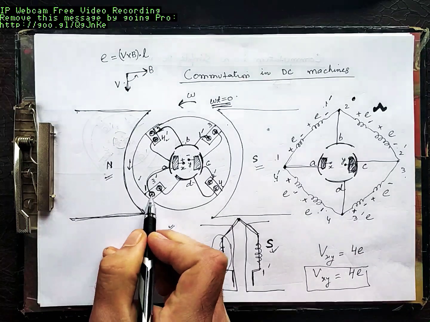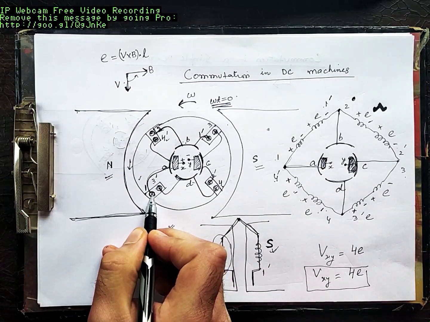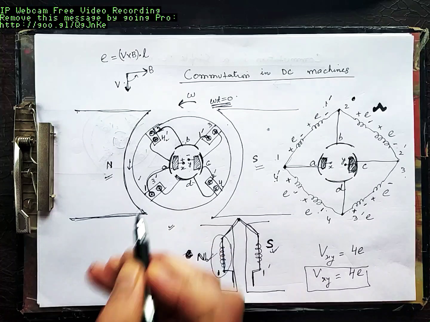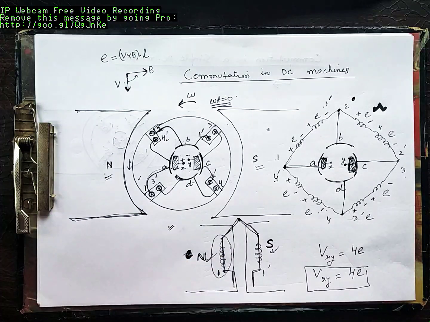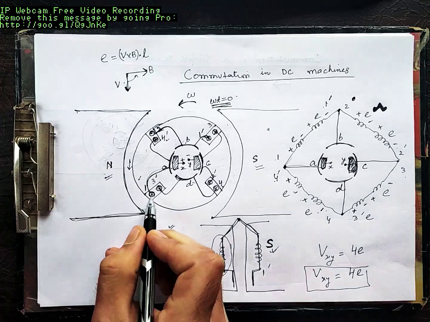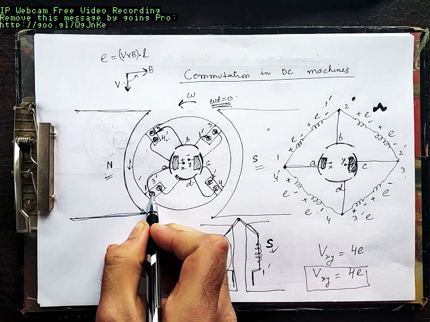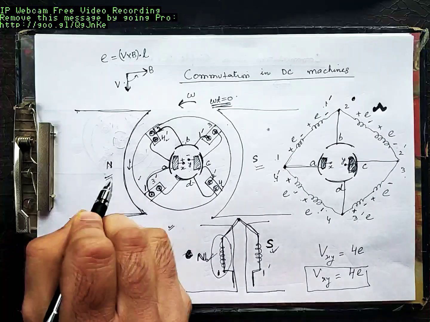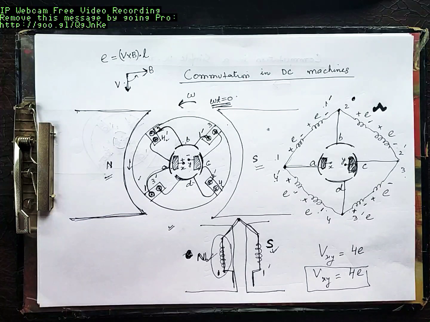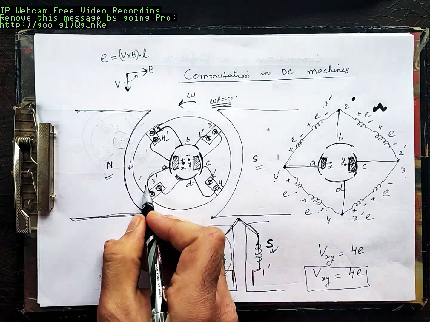For side 1, voltage is positive out of the plane of the page. That means at end 1, voltage is higher than at the other end, which is inside the plane of the page. That means side 1 is positive.